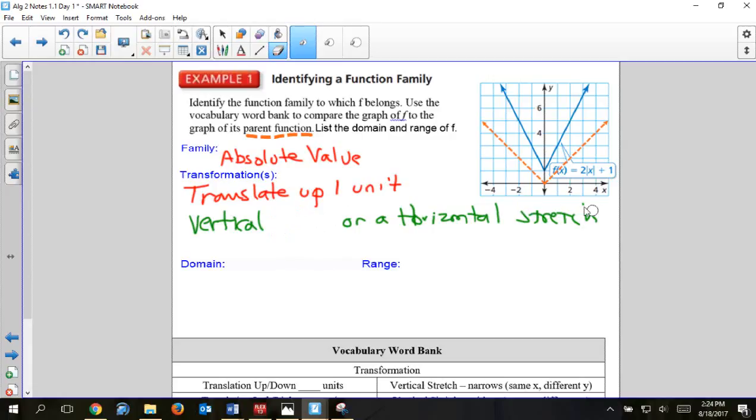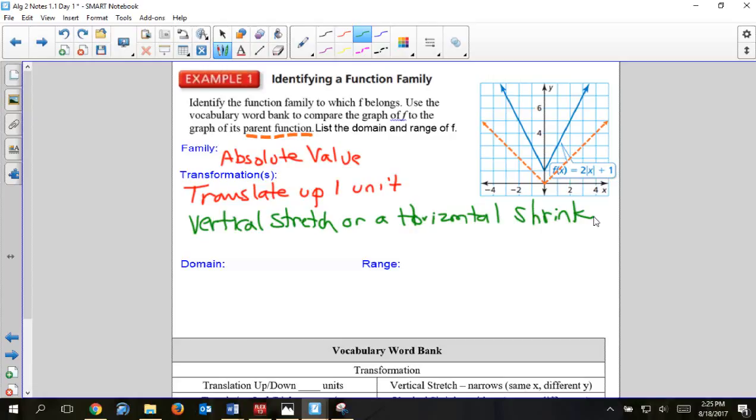Stretch or a horizontal shrink. Just gotta make sure we know which direction we're going. We always start at the parent, then go to the new one. Okay. And then back to what I was saying. It is a vertical stretch, but we'll learn why later.